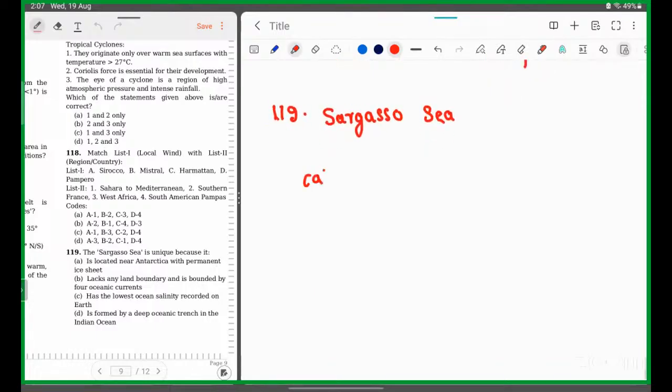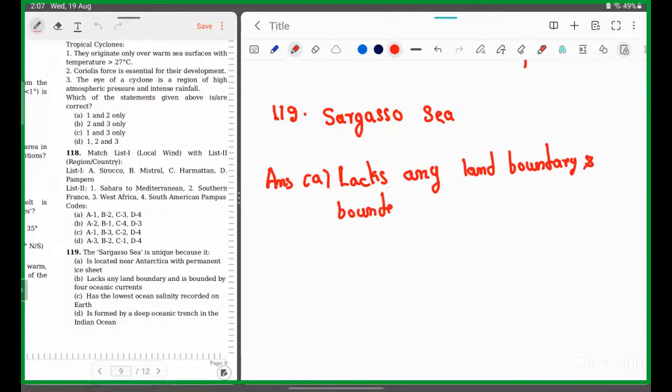So the reason is it lacks any land boundary and is bounded by four oceanic currents.